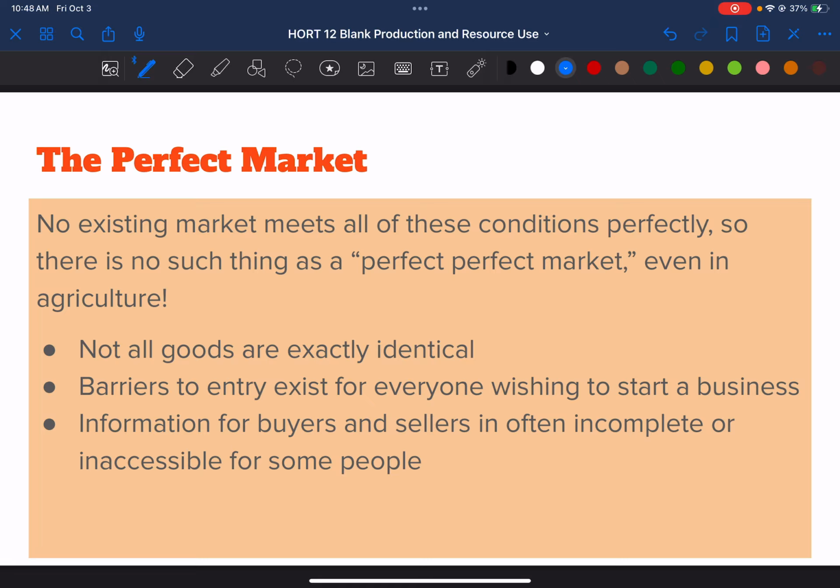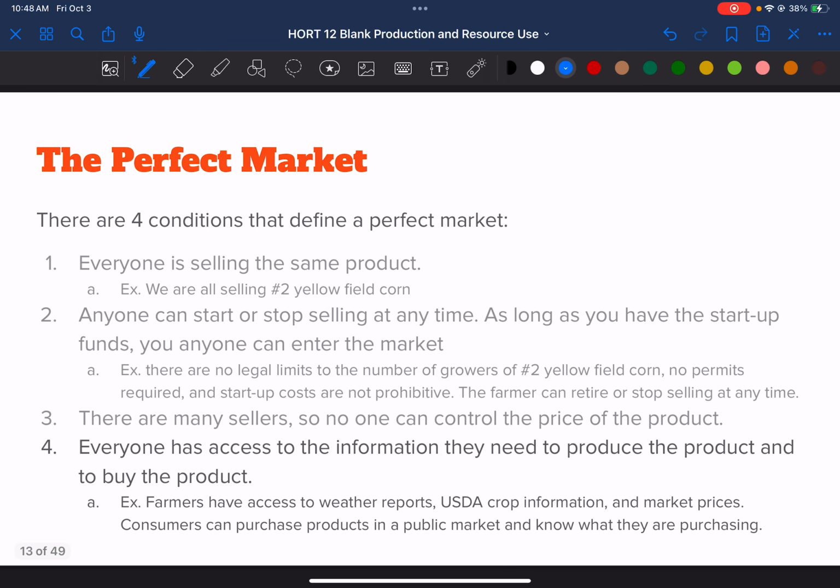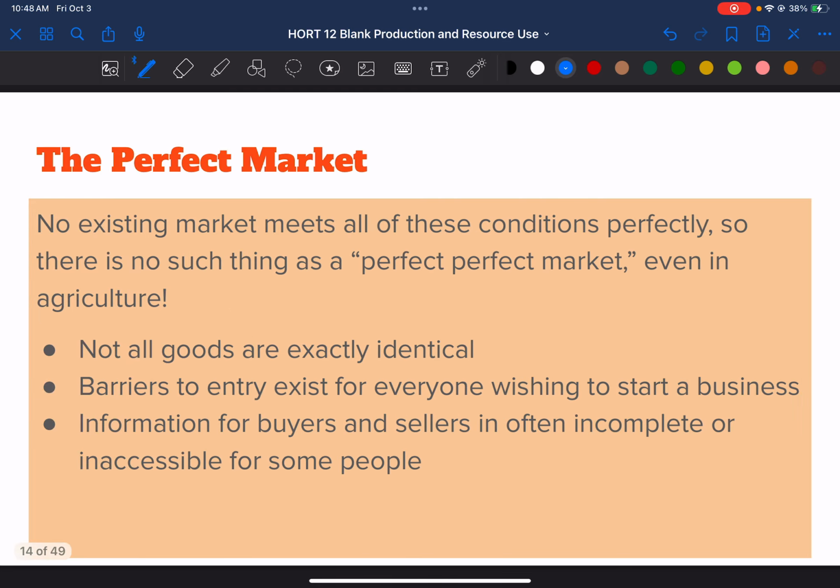And then barriers to entry exist for everyone wishing to start a business. So if we go back to this, number 2, anyone can start or stop selling at any time. That's not really how things work in the real world. There are barriers to entry for everyone who wishes to start a business. For some folks, the barriers are higher, and for other folks, they are not quite as high.